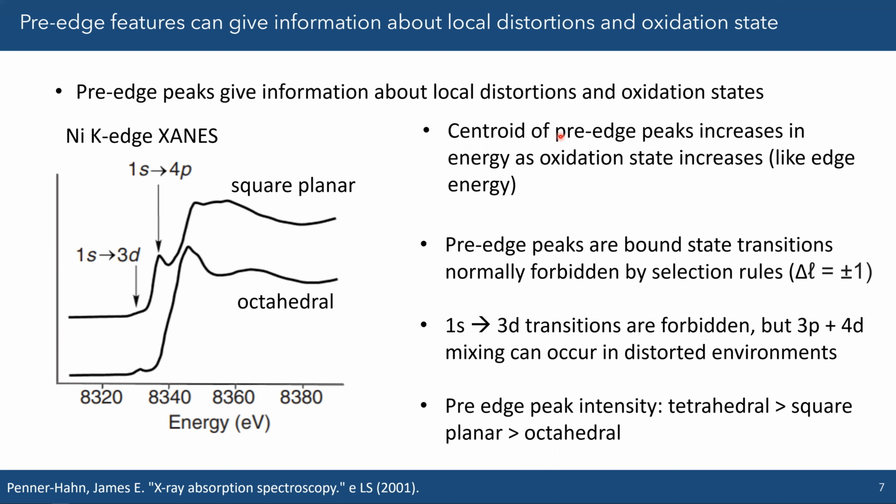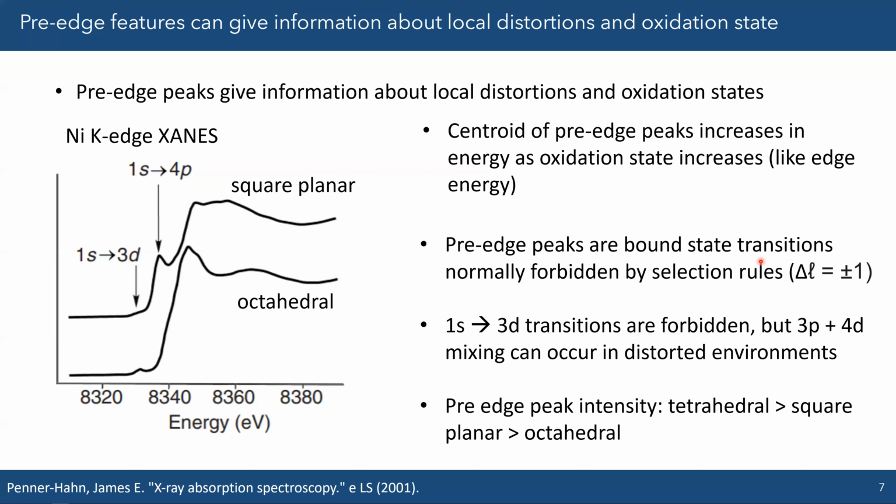However, we can tell a bit more information qualitatively based on the intensity of the preedge peaks. The origin of the preedge peaks is what's called bound state transitions. These are transitions that are normally forbidden by the selection rules. The selection rules dictate that you can only have a change in the azimuthal quantum number L by plus or minus 1.